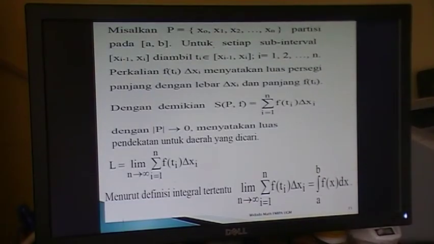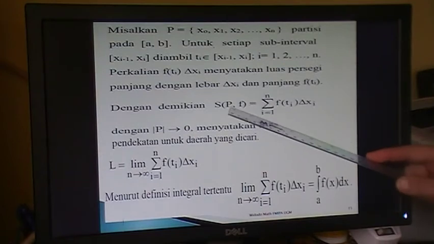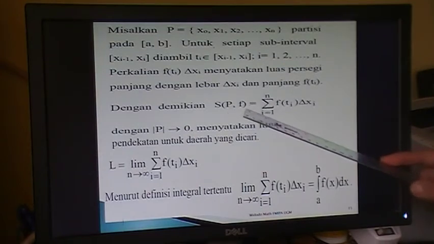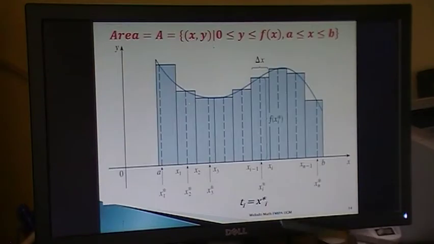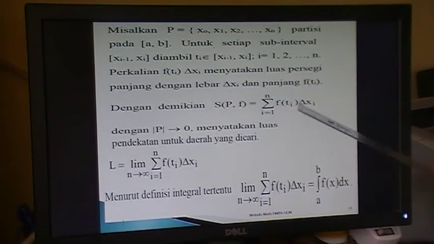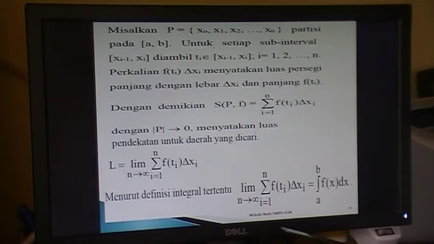After we have this partition, then we make, as you know in definite integral, the sum of the partition with respect to f. That is the sigma f(t_i) delta x_i, where here t_i is equal to x_i star, and delta x_i is x_i minus x_{i-1}.